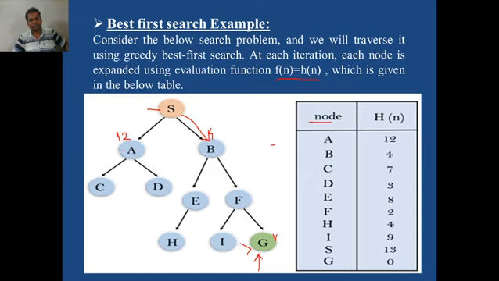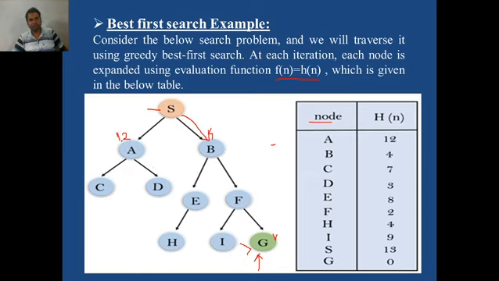Why? What is this heuristic cost? A tells the node S that I can move to the goal node with this cost.